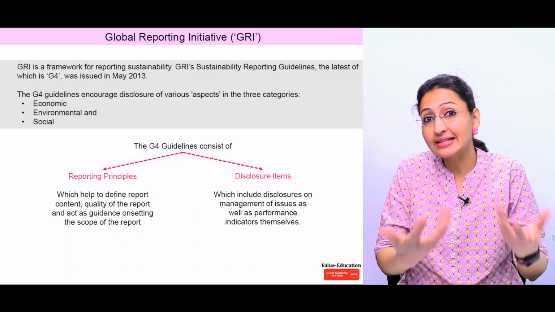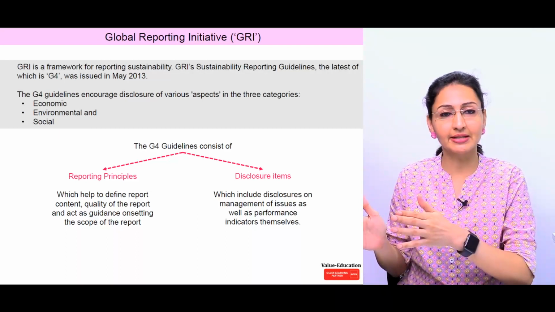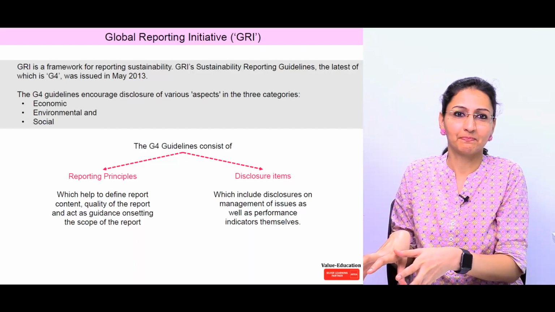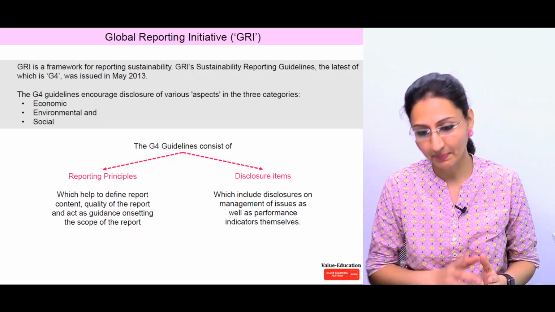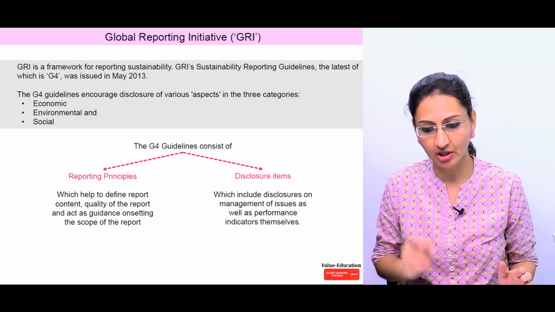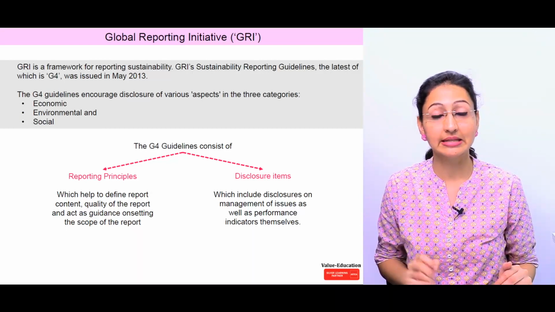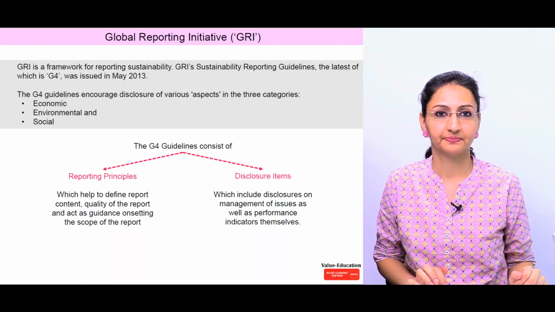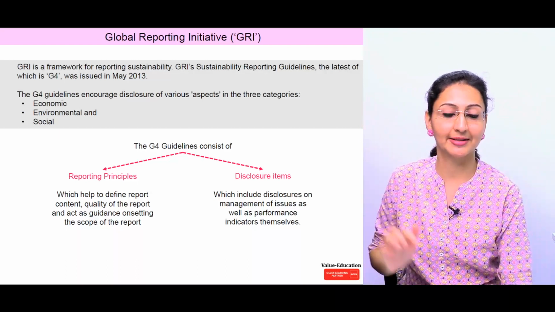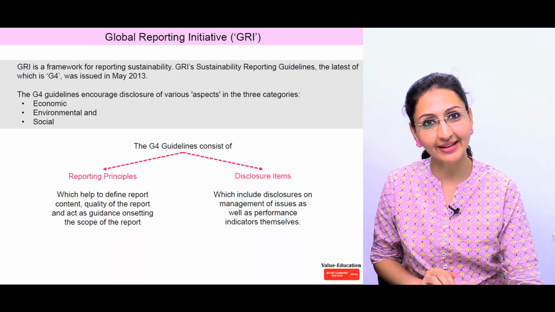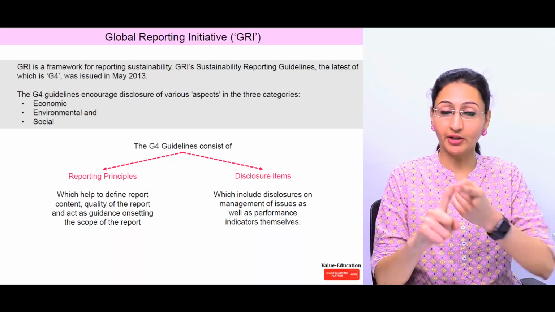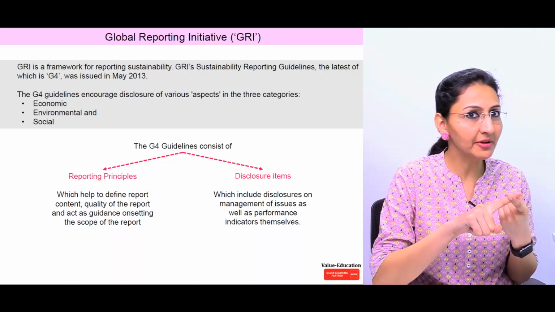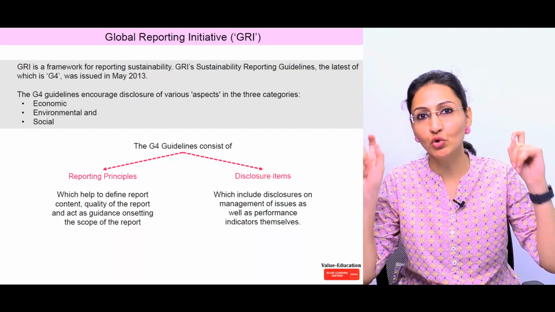That means it acts as guidance for companies to define how the report is to be created. But when it comes to disclosure items, what is this? Certain issues which for sure must be disclosed. That means clearly some management issues and important matters must be disclosed. Then performance indicators must be disclosed. These are under disclosure items.